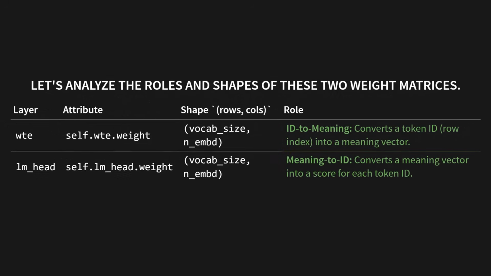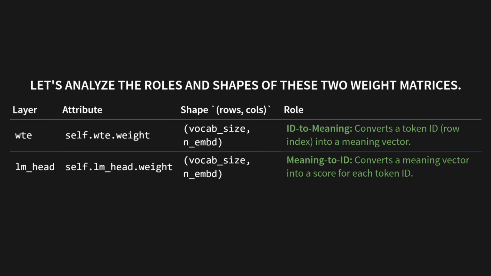Let's analyze the roles and shapes of these two weight matrices. Check out this table. First, our wte layer. Its weight attribute, self.wte.weight, has a shape of vocab_size by n_embd. Its role is to convert a token ID, which is a row index, into a meaning vector. It's an ID to meaning map.